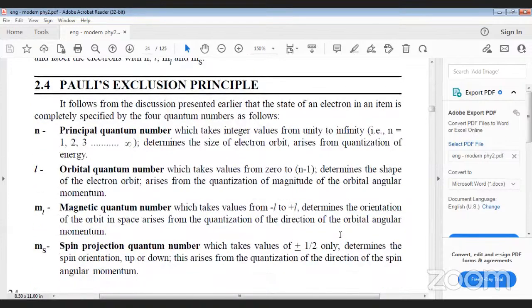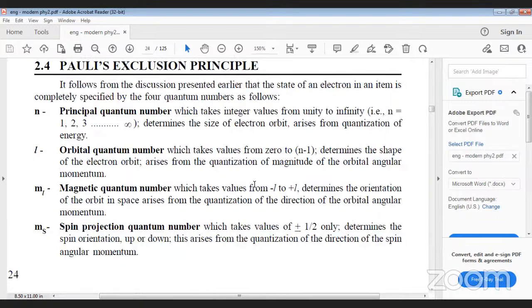Next, most important short question: Pauli's exclusion principle. Here, the states of the electron can be specified by the 4 quantum numbers.